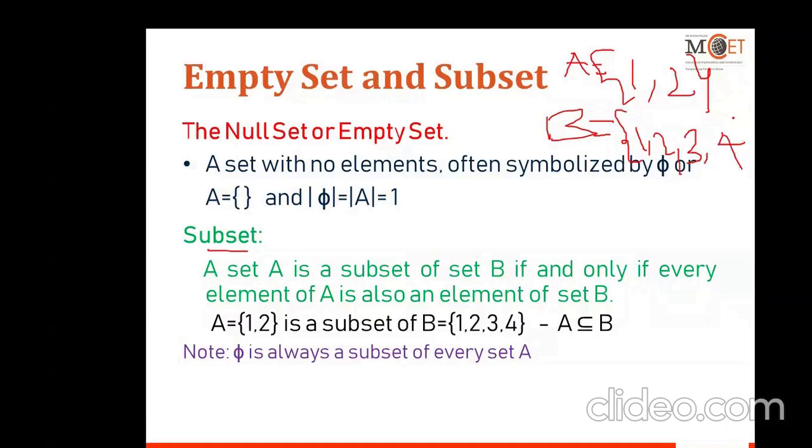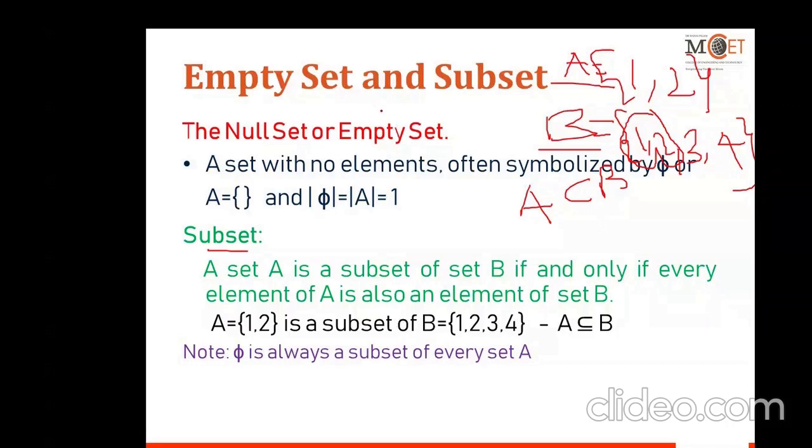Now set A is a subset of B if all the elements in A are there in set B. Can you understand? Set A has two values, 1 and 2. 1 and 2 are there in B. So A is a subset of B. That's an important point to remember.